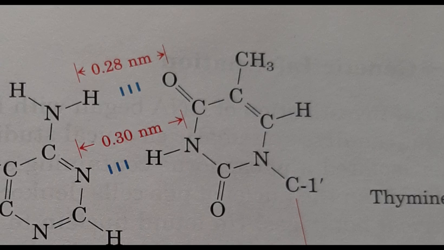That means on the 5 position there is a methyl group, CH3. 2,4-dioxy means on the 2 carbon position there is CO, and on the 4 carbon also there is CO. 2,4-dioxypyrimidine, 5-methyl 2,4-dioxypyrimidine.